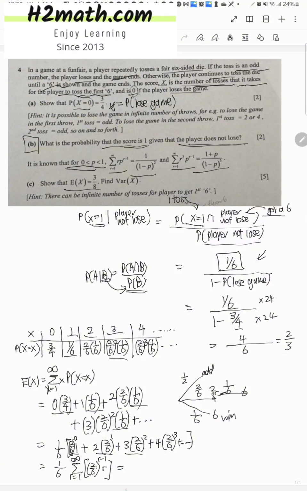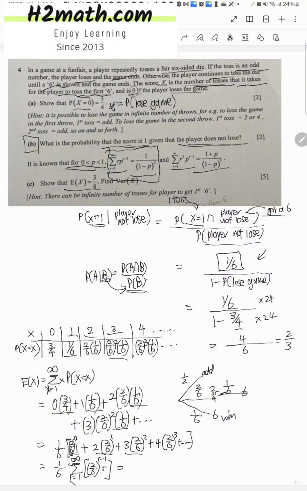So from here, do you realize that what we have is very similar to the expression here? You see p to the power r minus 1. In this case, our p will be 2 over 6. Then r equals 1 to infinity, and p is 2 over 6.